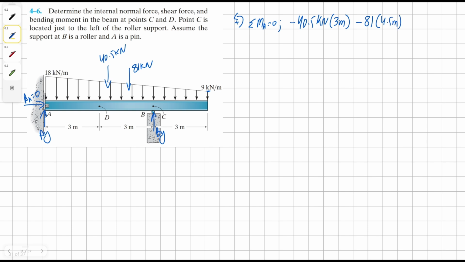Then we have our BY, which is counterclockwise, and it's going to be 6 meters away from A, all equals to 0. Solution for BY comes up to be 81 kilonewton. And by inspection and taking equilibrium along the y direction, we know our AY is going to be 40.5 kilonewton.